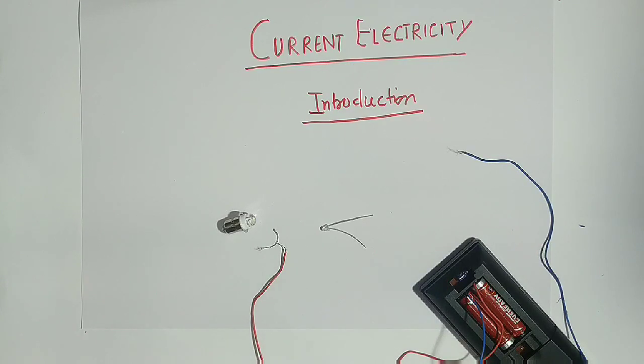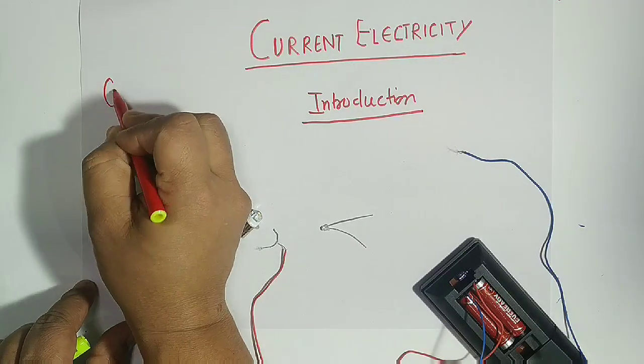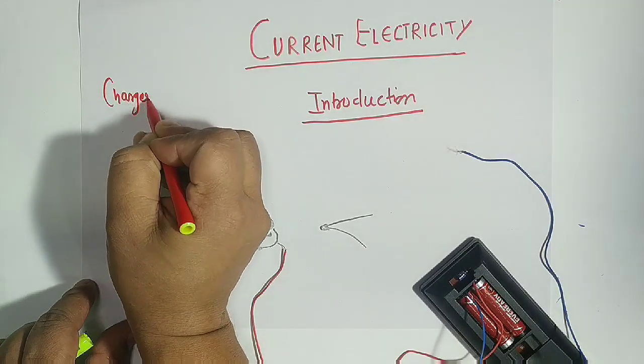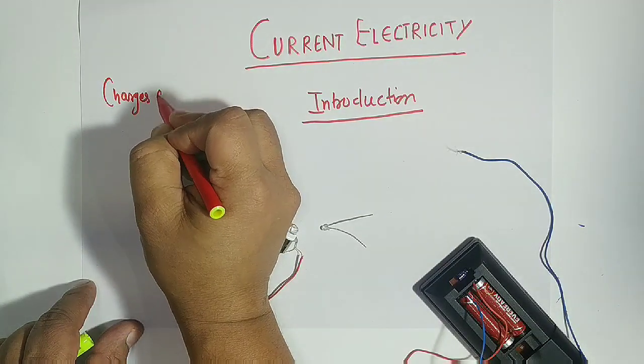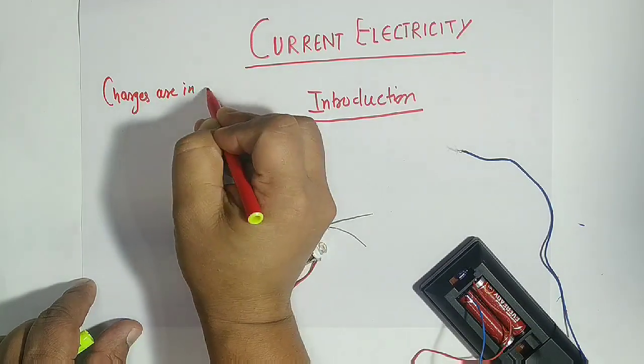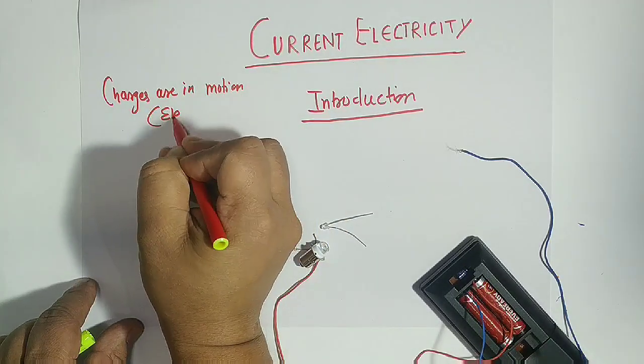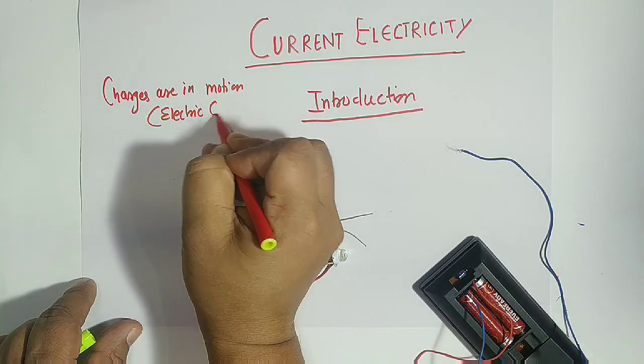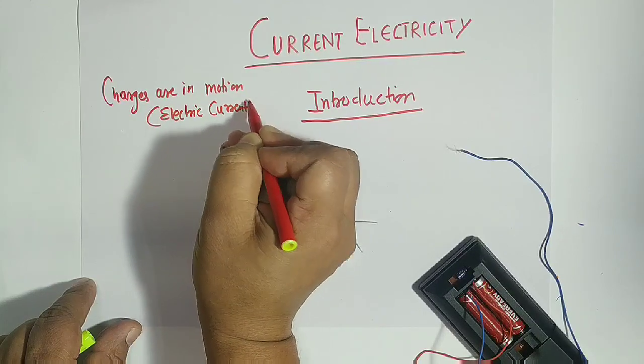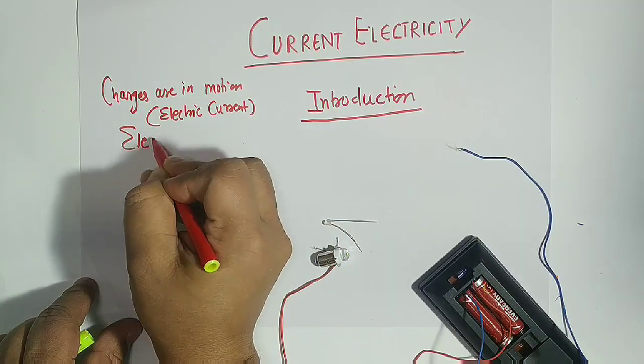When the charges are in motion, they constitute an electric current. If charges are not at rest but in motion, then they form electric current. That's also known as electrodynamics.